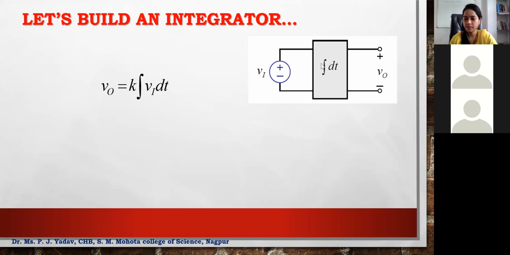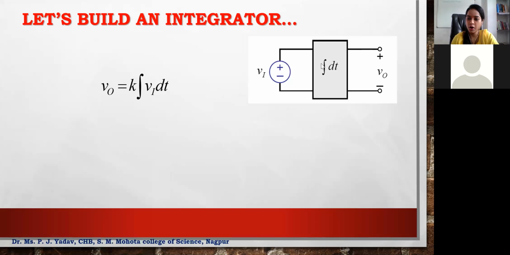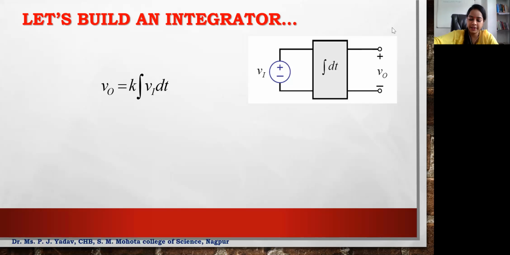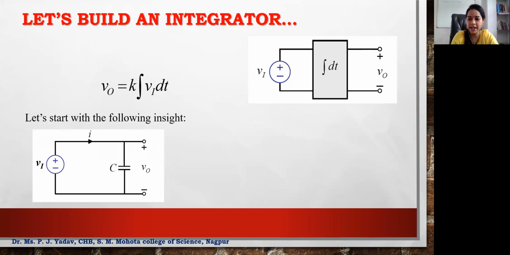So we will just see how the actual circuit of an integrator looks. In our presentation, we have to design an integrator, and for this we consider this circuit: we have a power supply, and if we connect a capacitor to that supply, we will have the integration of what is coming at the input terminal at the output point.